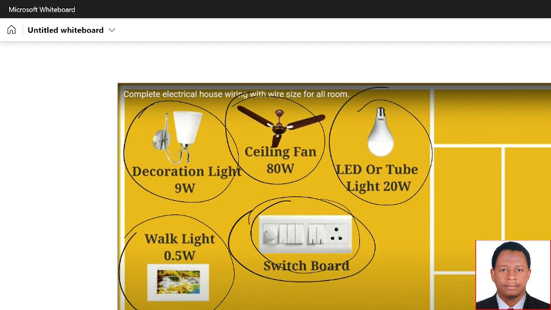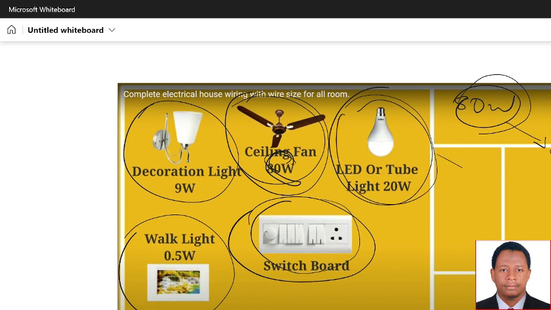If we look at the fan, we have 80 watt. 80 watt means that among the components, I have 80 watt. Based on the time that our fan will be running, I can calculate my energy. Based on the time our LED will be running, I can also calculate my energy, because I already know the power of our load, our tube.